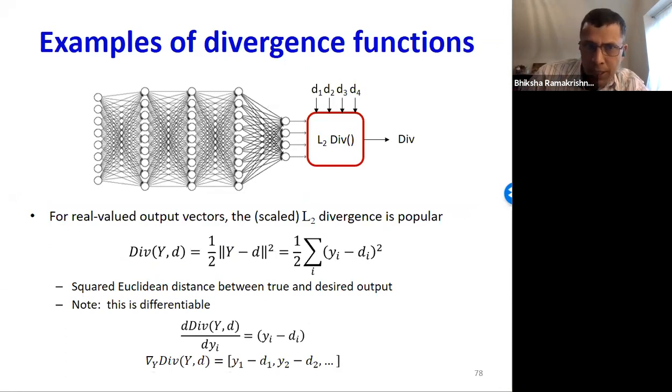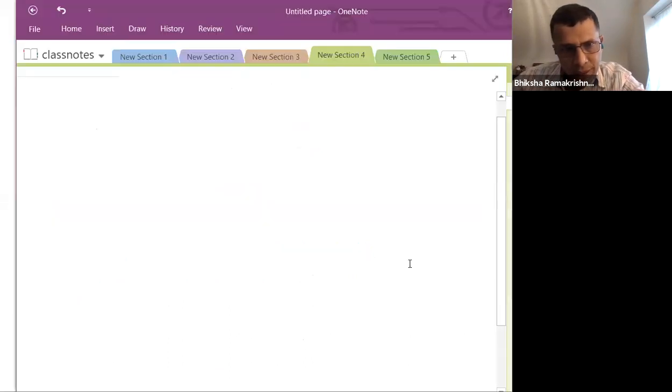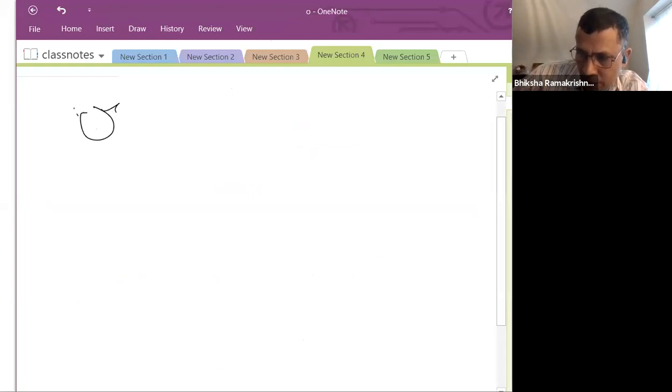But if I'm trying to perform classification, the output is not real valued. Consider the case where I'm back to this case of, is this a cat or is this not a cat? The output is going to be either 0 or 1.